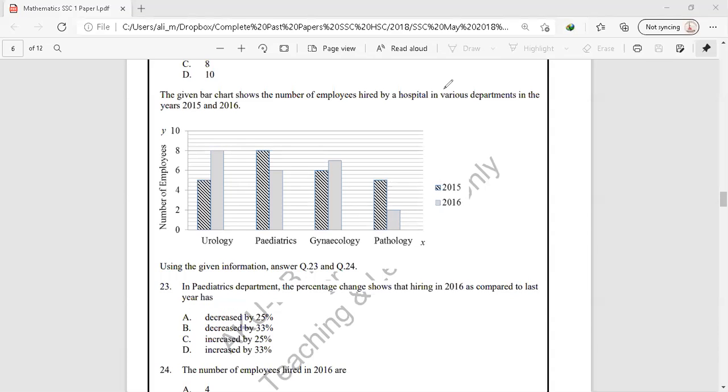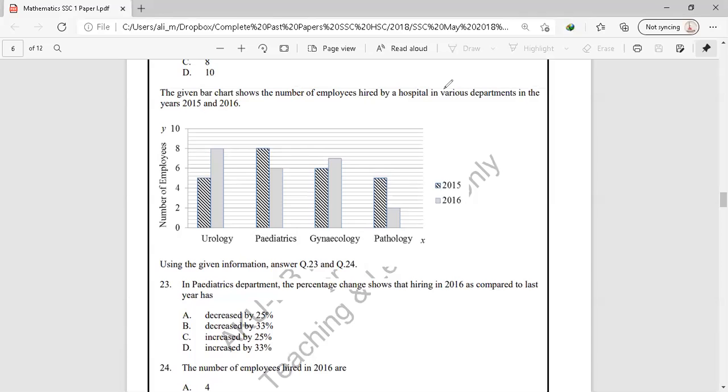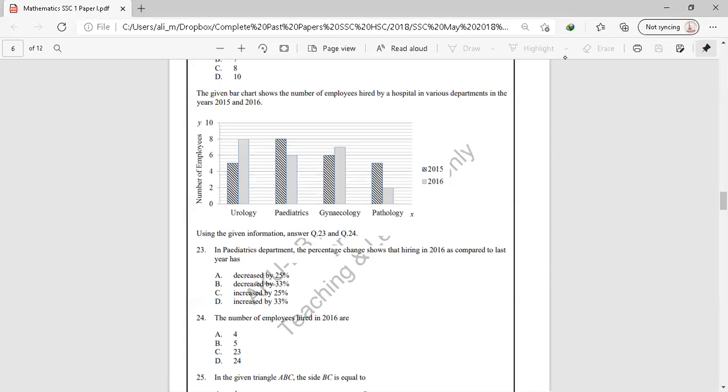With this same graph we have to find the number of employees hired in 2016. So in 2016 we have to tell how many employees in total we hired. First let's see that in urology we had 8 employees, and in 2016 in the pediatric department we have 6 employees. In gynecology we have 7 employees, and in pathology we have a total of 2 employees.